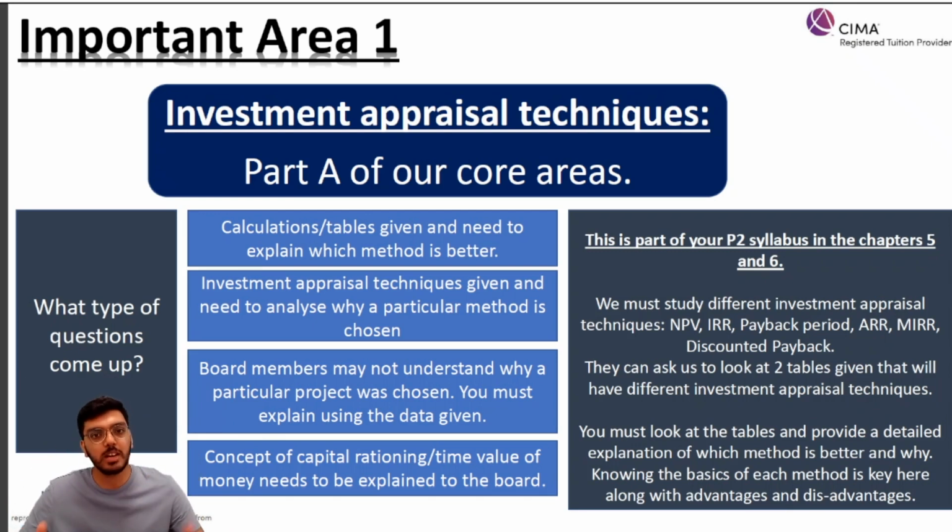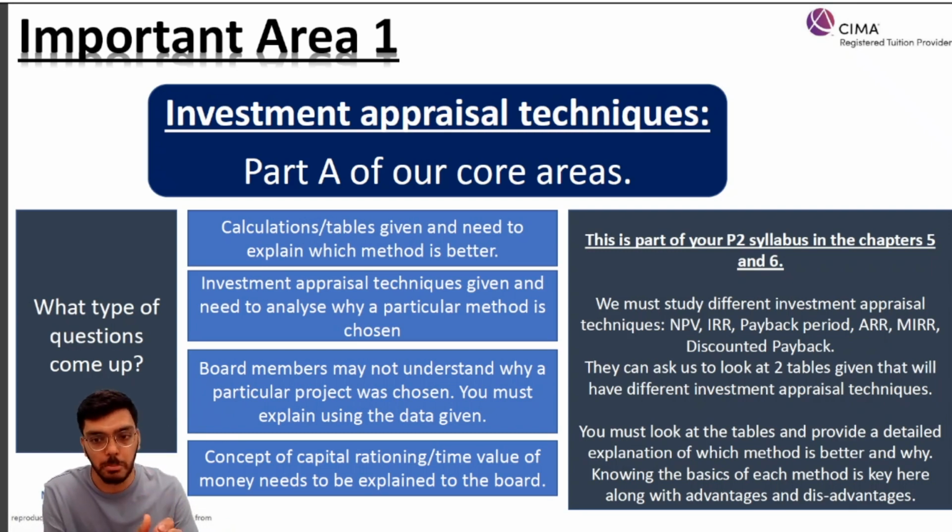So the first area which we feel is important is the investment appraisal area, or the investment appraisal techniques. If you just think of the investment appraisal techniques, they are directly from your P2 syllabus, from your P2 study, and that forms part A of your core areas.